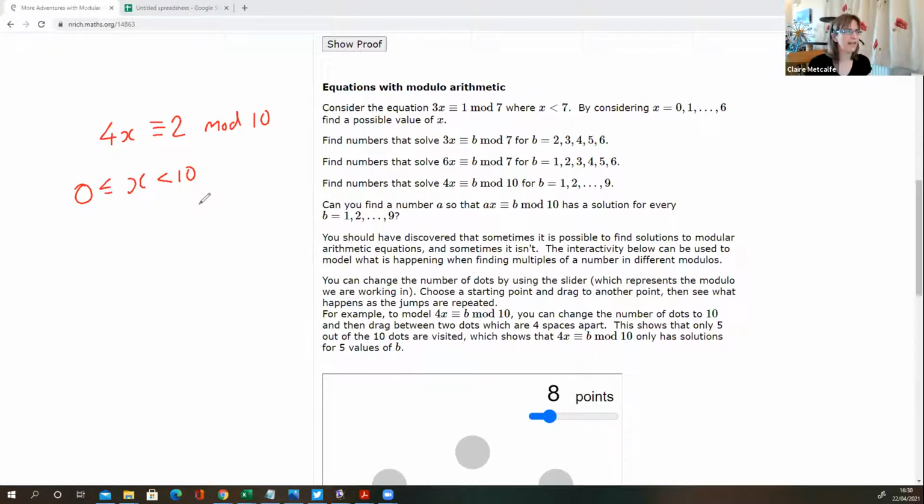So one technique is just to start with x equals 0, x equals 1, x equals 2, multiply by 4, and then try and find a solution.